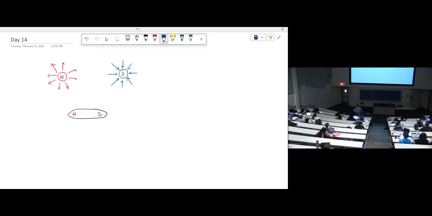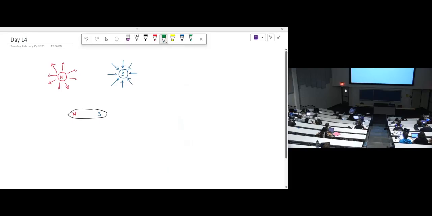So, jumping ahead to Thursday, what does the nature of a magnetic field look like that is different? Magnetic field lines always loop back in on themselves.